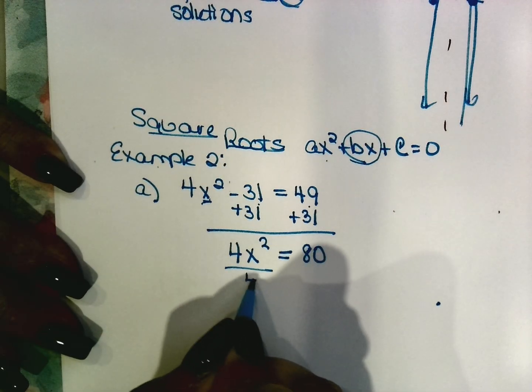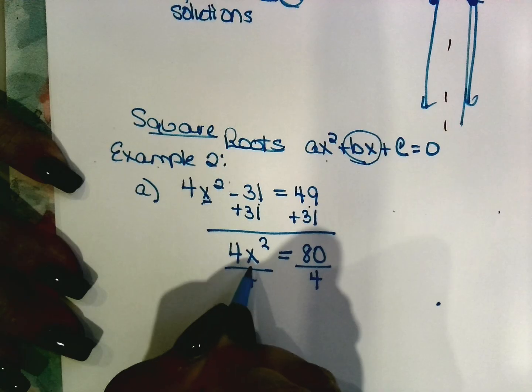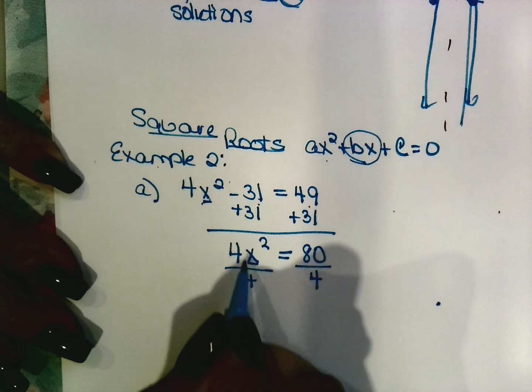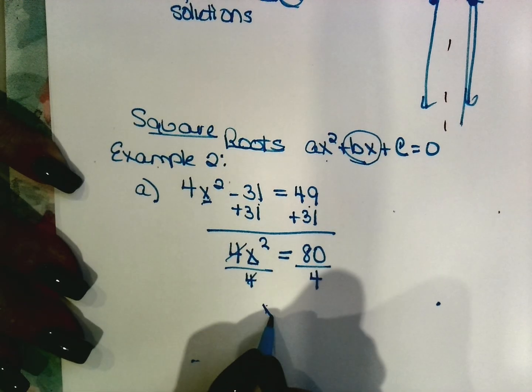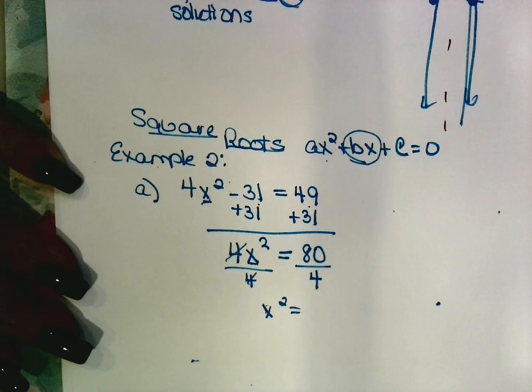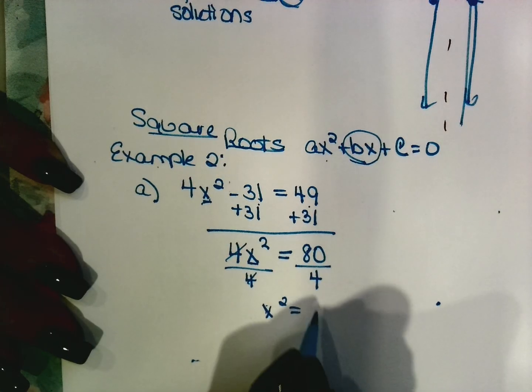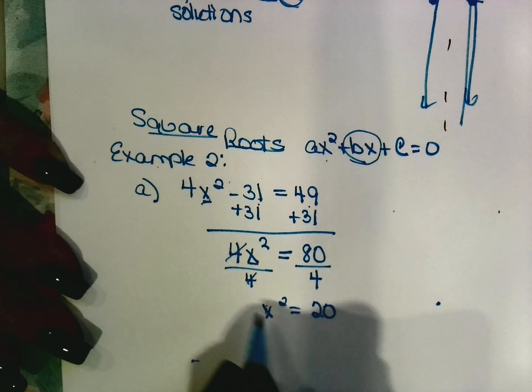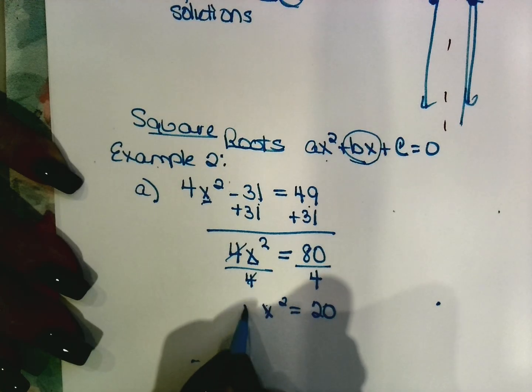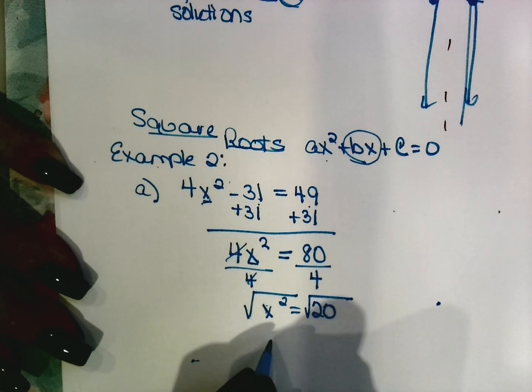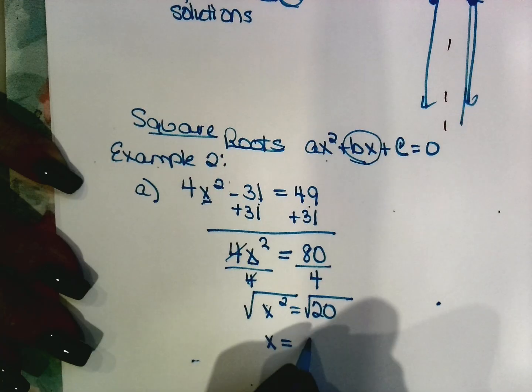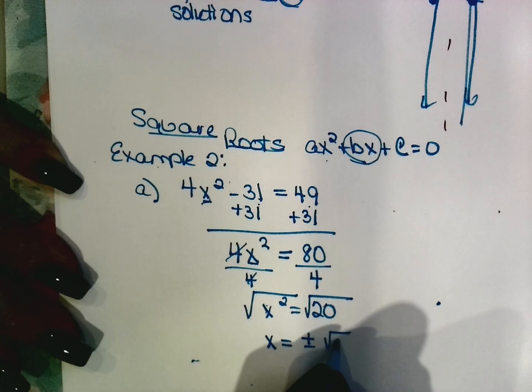We divide both sides by 4. We are trying to isolate x, so we're going to cancel that. We're going to get x squared equals 20. And then we're going to take the square root of both sides. So super simple. That means x equals plus or minus the square root of 20.